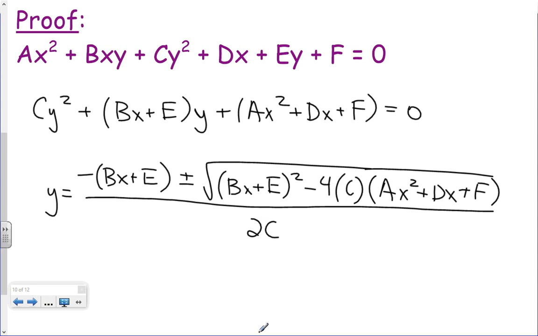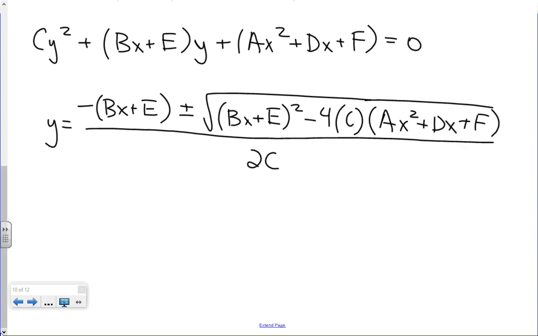Now, the part we have to look at is actually the part that's underneath that square root. Let's take a look at how we could rewrite that. In fact, we're going to square that first term out, and we're going to multiply the second term out and see what we end up with. So we have y is equal to, I'm going to leave this stuff here alone.